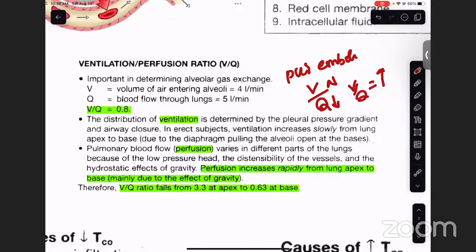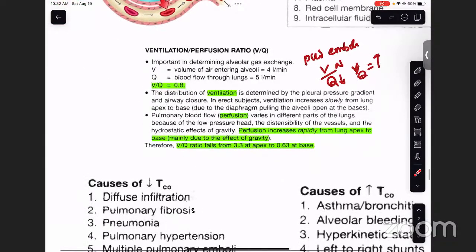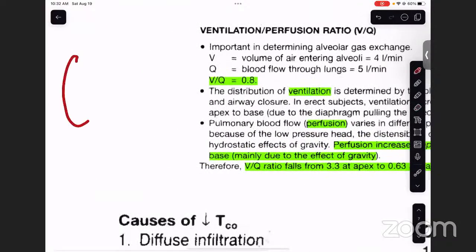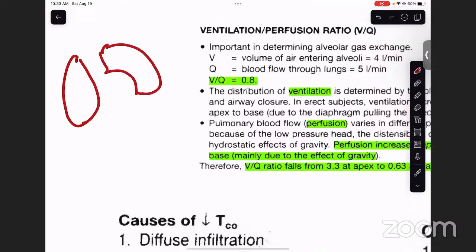Okay, here you need to note the normal value of the VQ ratio is 0.8. This is our lung. Normally, ventilation is more prominent in the lower lobe.